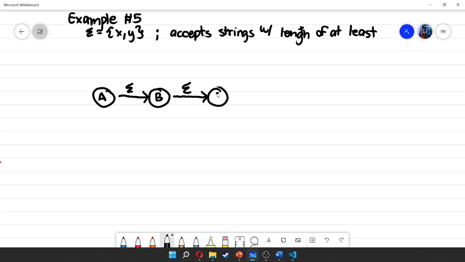A, B, C, with C as the final state, because let's just say our input is X, Y, XX, YX, and then XX. If you observe, with this input we go straight to C, right? Like this.